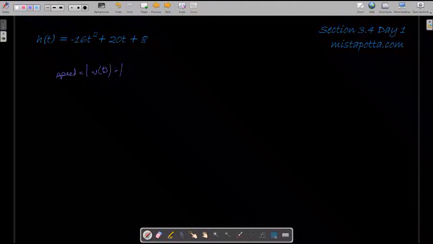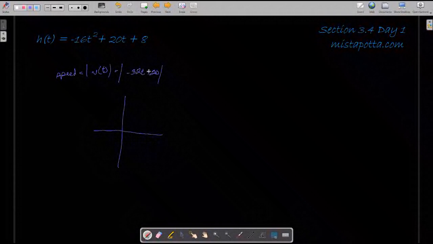So it's going to be the absolute value of this derivative, negative 32t plus 20. And of course, I know the absolute value parent function tends to be a V. This just happens to be translated over and a little bit steeper.